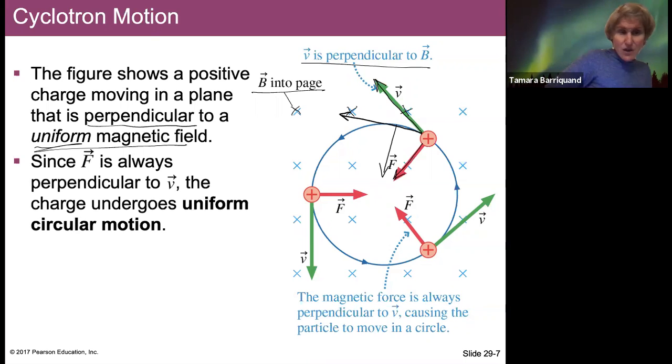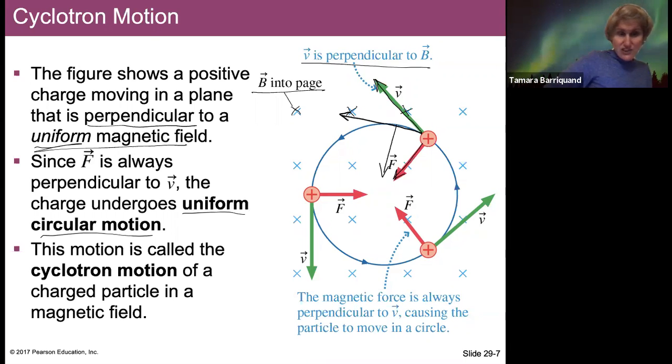Since F is always perpendicular to V, the charge undergoes uniform circular motion, where the force is pointing towards the center of the circle. This motion is called cyclotron motion, that's what we call it, cyclotron motion of a charged particle in a magnetic field.